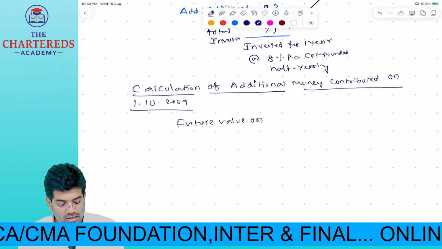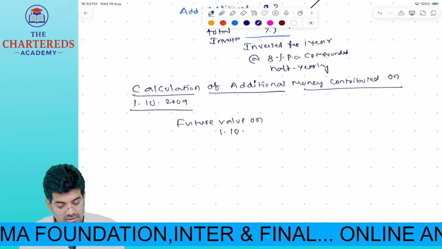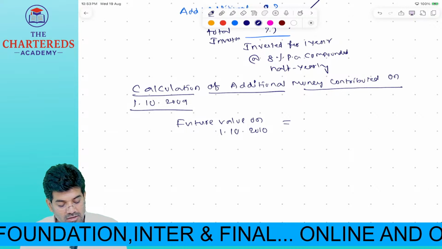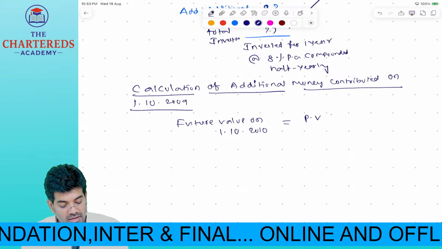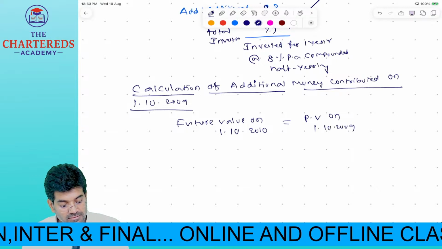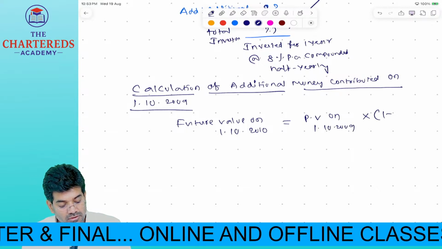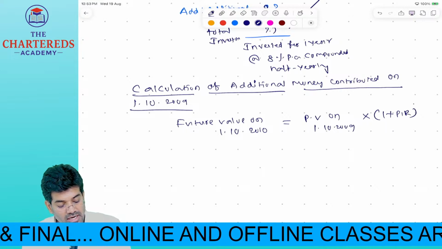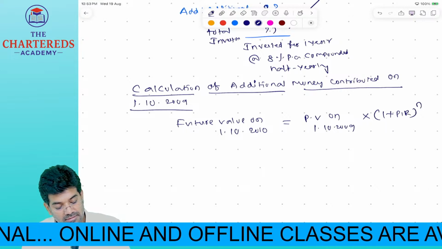Future value on 1st October 2010 is equal to present value on 1st October 2009 into 1 plus periodic interest rate whole power n.